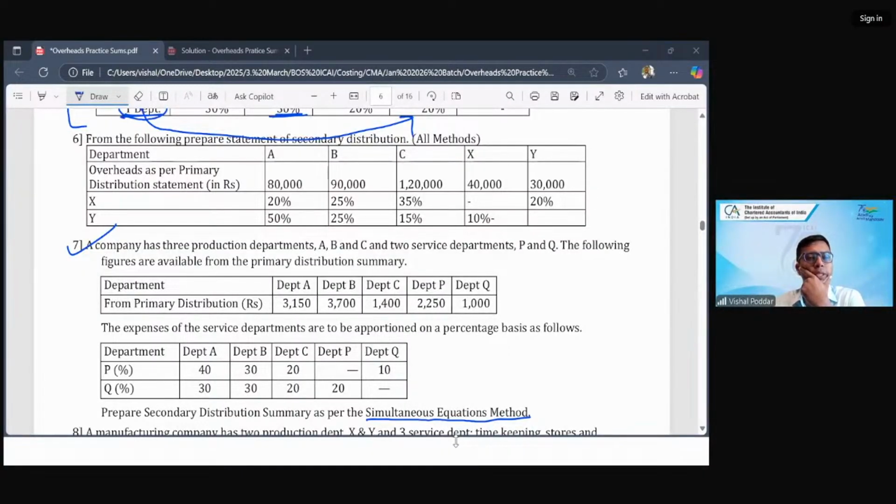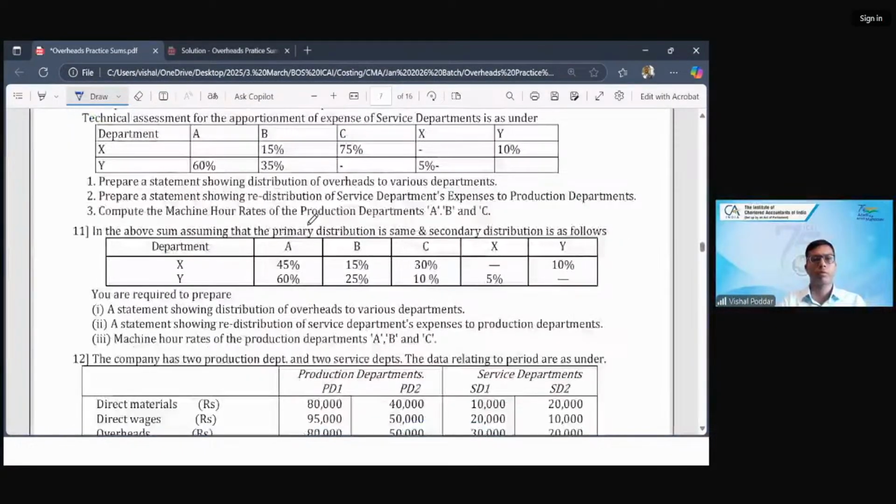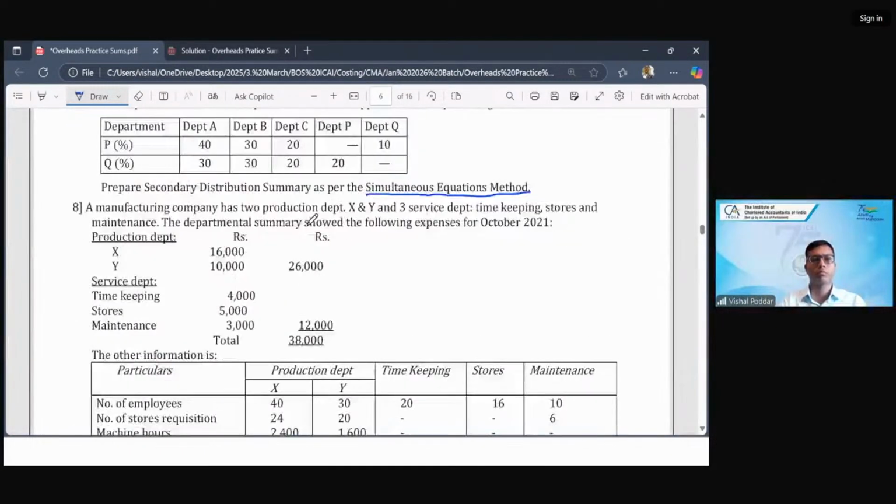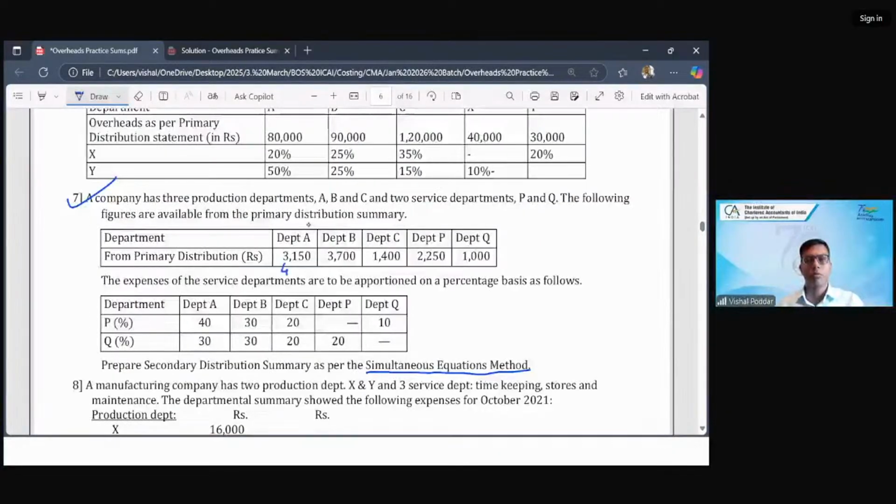Students, I want final totals after distribution of both service departments. Okay. So final totals are 4525, 4825, 2150.